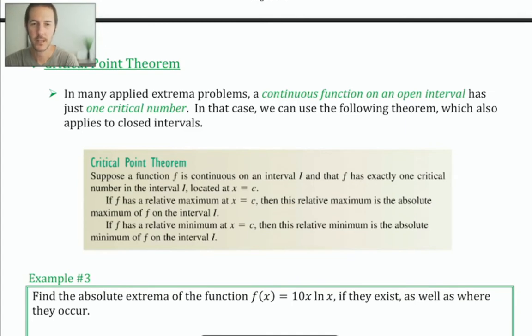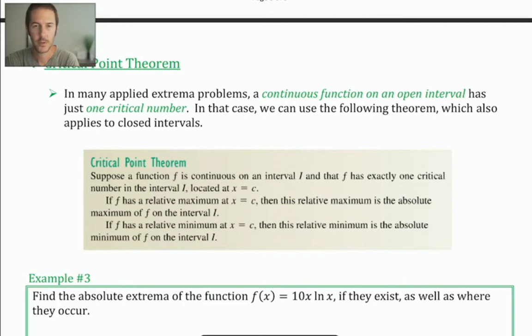Let's say that happens when x equals c. If our function has a relative maximum at x equals c, then that relative maximum is also the absolute maximum on the interval. And if there's a relative min, then that relative min is also the absolute minimum. Interesting.